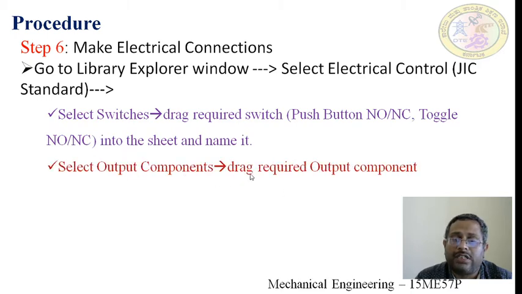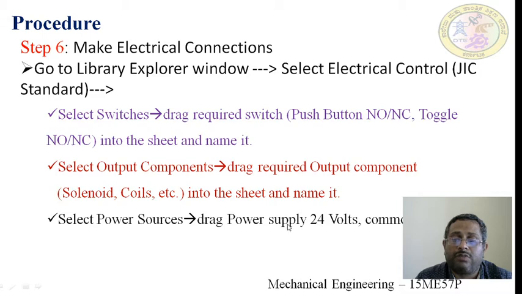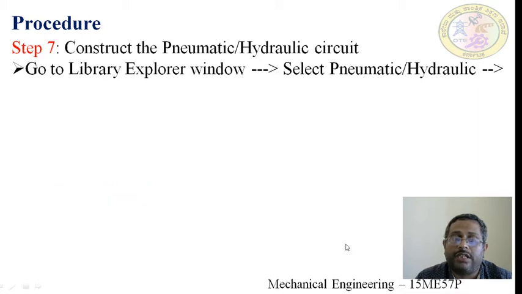For that, drag the required output components like solenoid, coils, etc. into the sheet and name it as O1 or O2 or whatever name we require. And then you have to select a power source, drag power supply 24 volts and common 0 volts and connect wherever it is necessary.